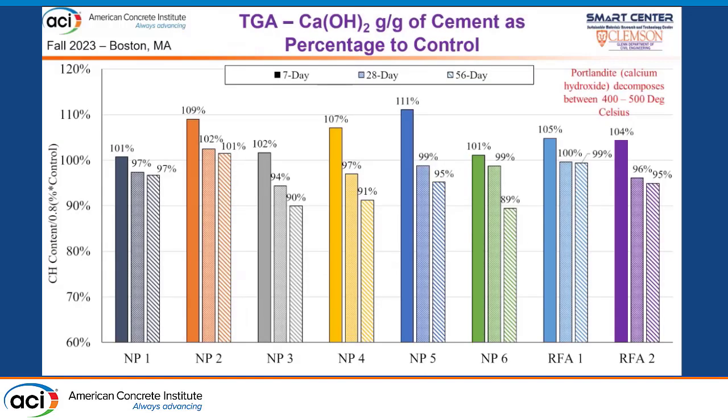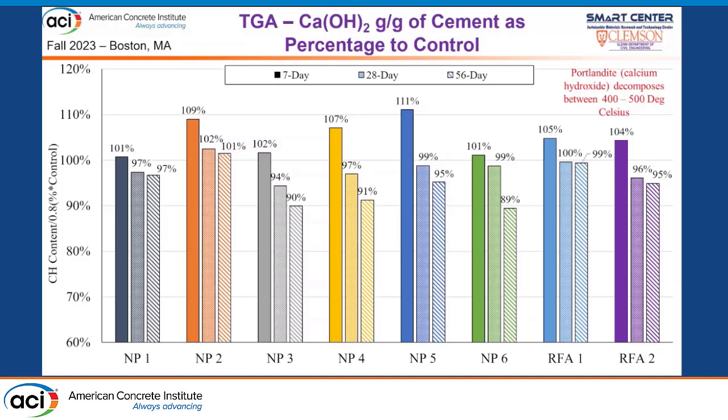Then this is the TGA result, and we calculate the amount of calcium hydroxide in the paste based on the weight loss between 400 and 500 degrees Celsius. Considering the dilution impact of the SCM, because all samples represent 20% SCM, the calcium hydroxide content was compared to 80% of the control.